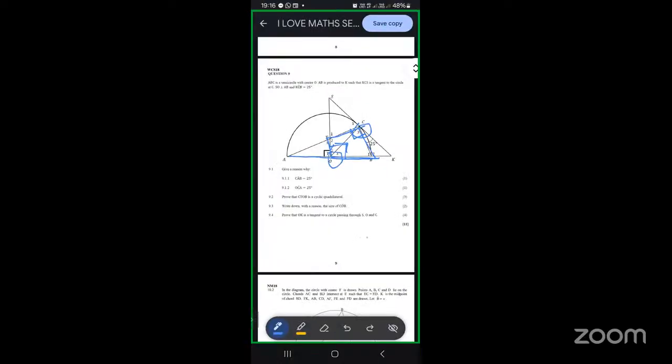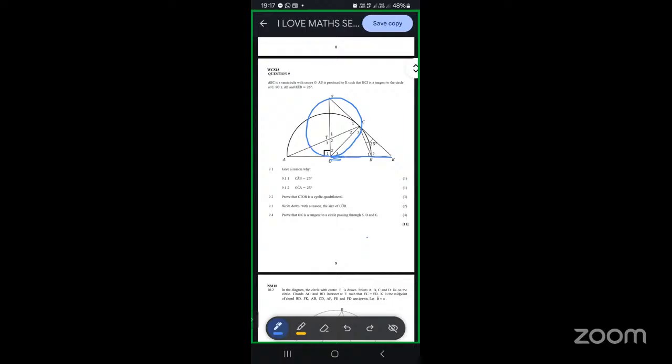Now let me move to that last question. Prove that OK is a tangent to the circle passing through SOC. So that circle is going to pass through SOC. Oh, that's my beautiful circle.